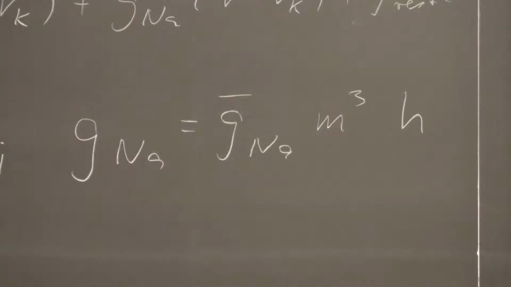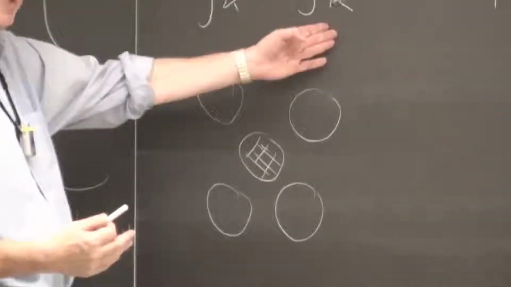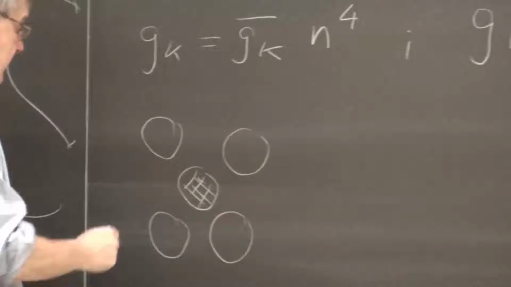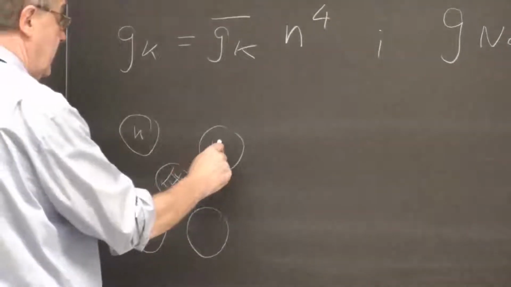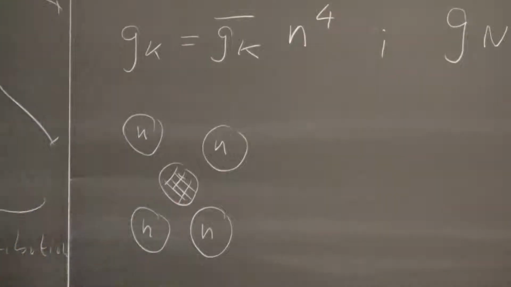Now, if you think of this potassium channel that I showed you, then this is very interesting, because what is very likely the case is that our central channel is surrounded by voltage sensing domains that are each acting independently in opening and closing.